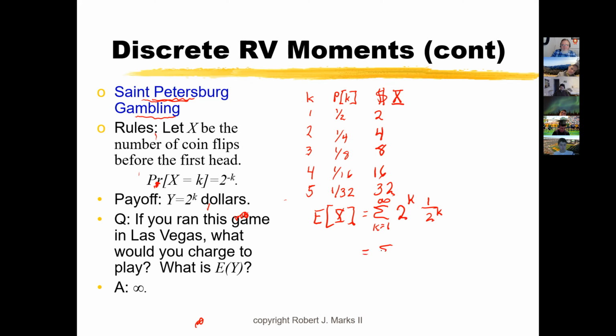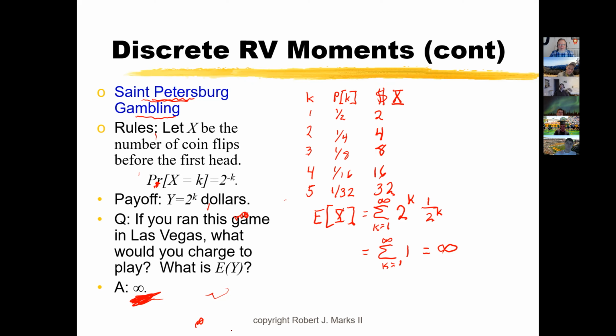So that's a summation from k equals 1 to infinity of 1, which is what? Infinity. Which is what is promised right down here, right? So this is no trick. This is the expected value. The expected value of your winnings is infinite.